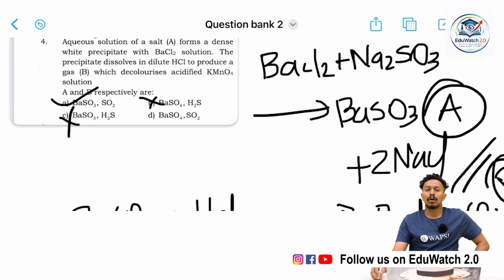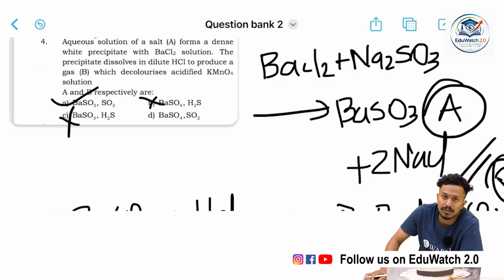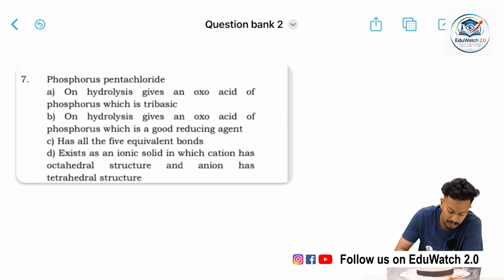So I ruled out the possibility of hydrogen sulfide, and both two are remaining, and by that I could find out what is the correct option, which is BaSO3 and SO2. We will move on to our next question.